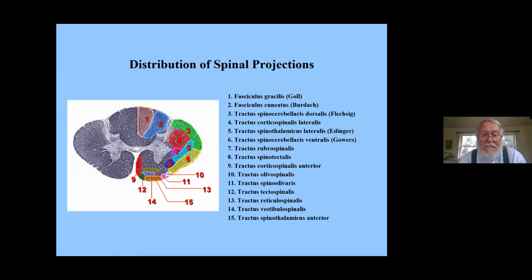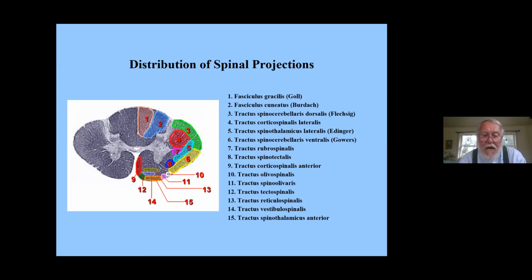So now let's go and pay attention. Those fibers, 1, 2, 4, 5, and 15, are all at all levels of the spinal cord, and I want you to know them.